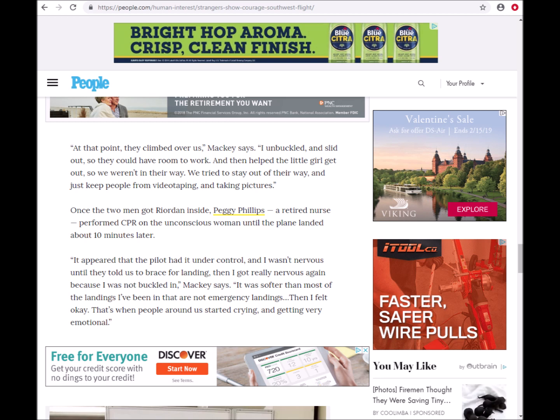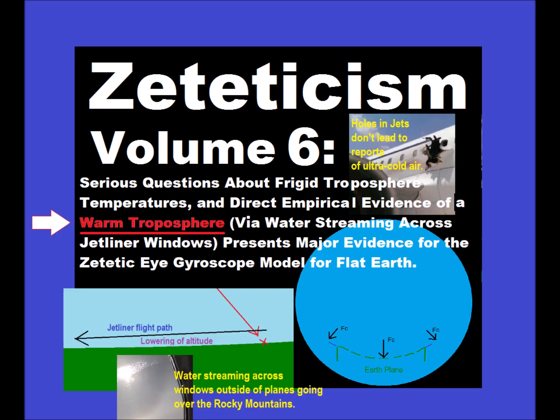I found one other article of this same person talking about the cold air in the very same fashion, brought up once, then not brought up again. Other than that, I found nothing mentioning air temperature anywhere on the internet regarding this story. And there's no mention anywhere of the cold air or frigid air or deathly bitter cold, because it wasn't cold.